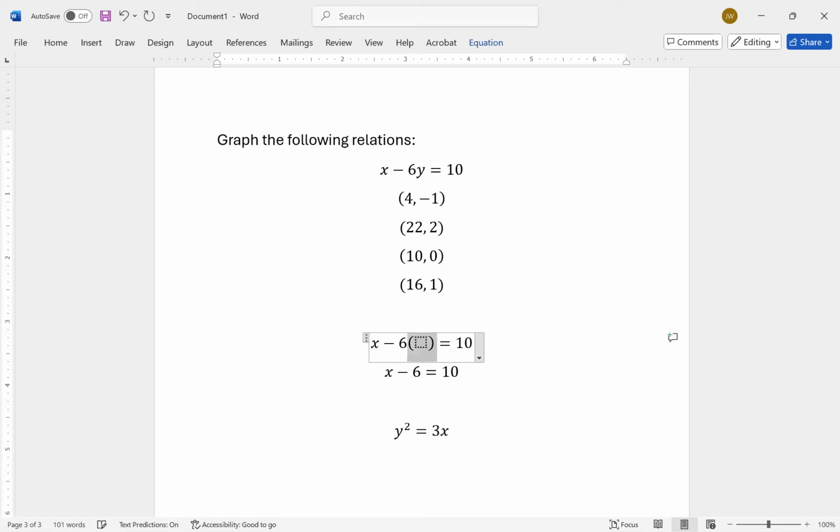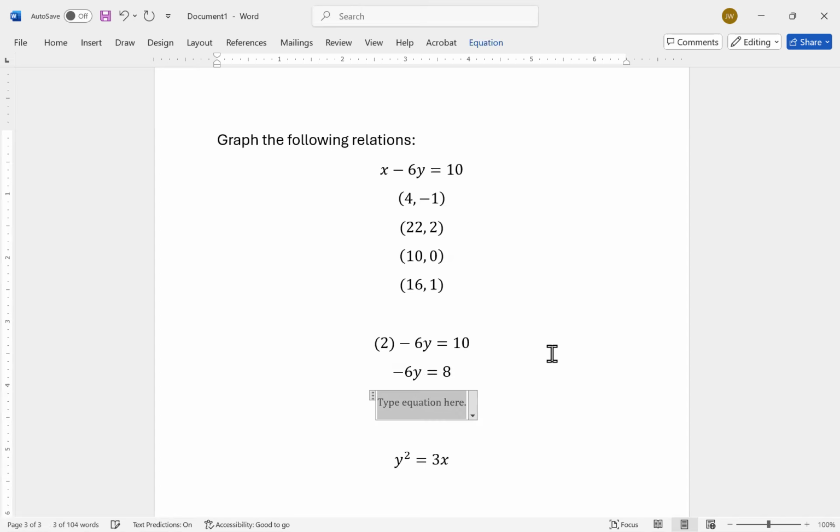Now I just plugged in for y in a couple of different spots. You could have also just as easily plugged in values for x. Maybe I plug in an x of 2 and then solve. I'd have to subtract 2 from each side. I get -6y equals 8.